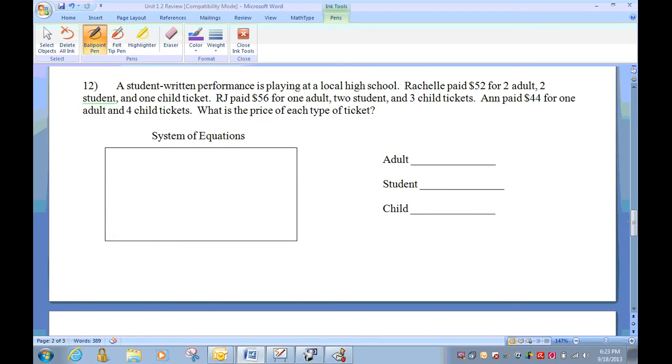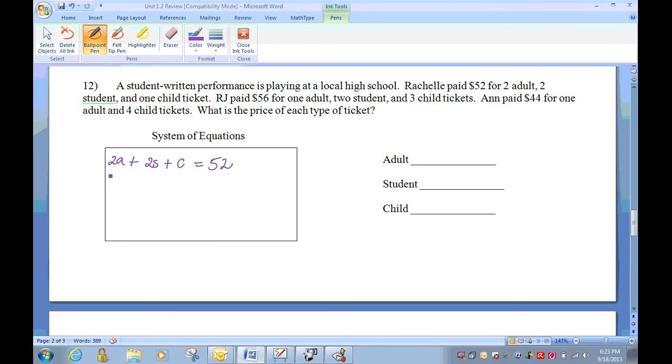Problem 12, it says a student-written performance is playing at a local high school. Rochelle paid $52 for 2 adult tickets, 2 student tickets, and 1 child ticket. So we can write an equation for 2 adult tickets plus 2 student tickets plus a child's ticket, and the total she paid was $52.